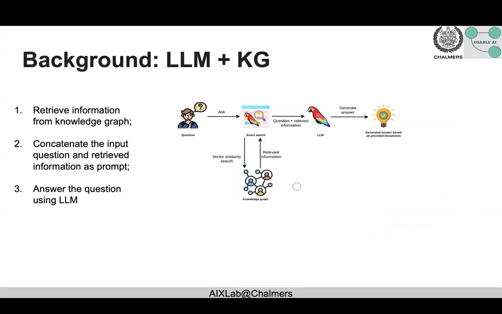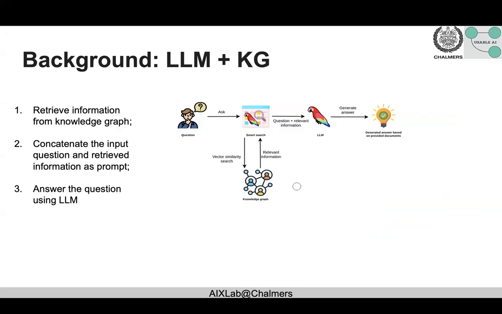Based on that, it's necessary in some tasks to combine knowledge graphs with LLMs. This is a very trivial, direct way to let RAG make use of the knowledge graph.